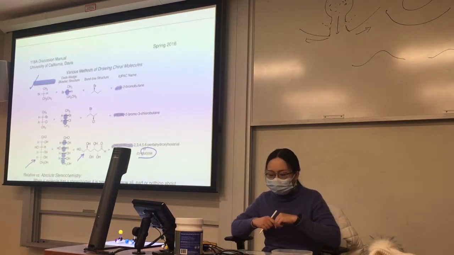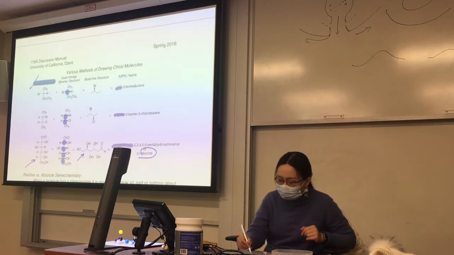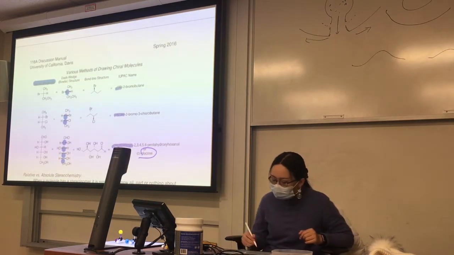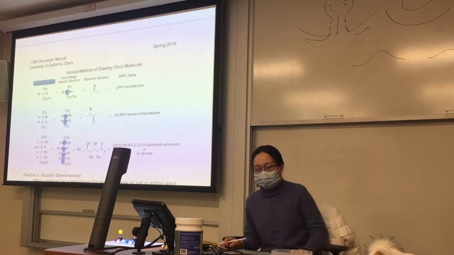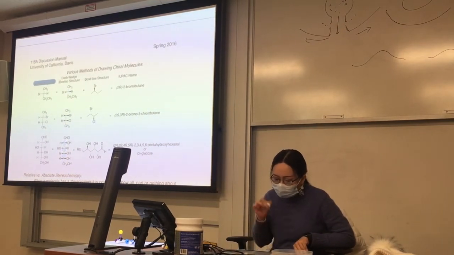In discussion 2, we talked about the Newman projection, and here is the second projection, the Fischer projection. Fischer projection is something Professor Nasri probably hasn't covered in her lecture, but it's kind of tricky.